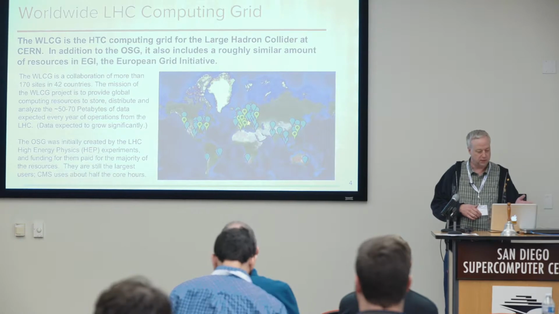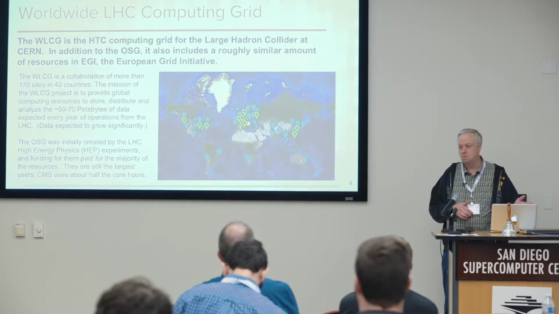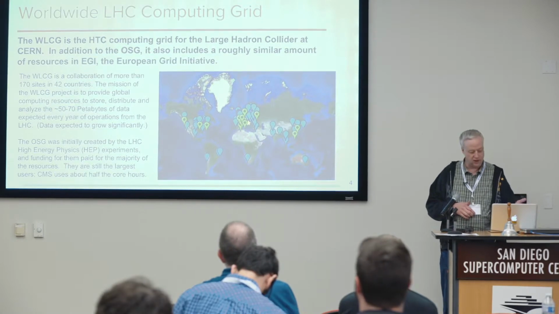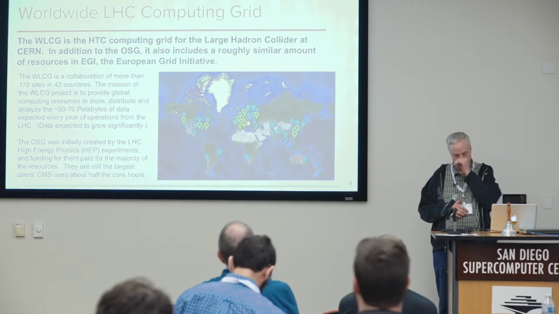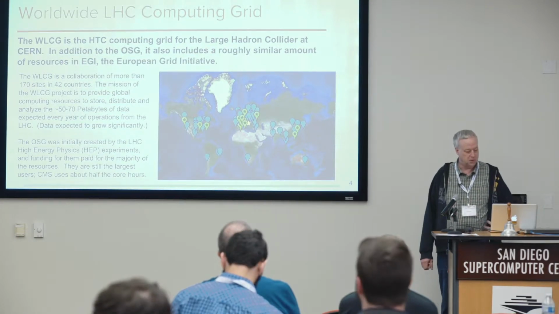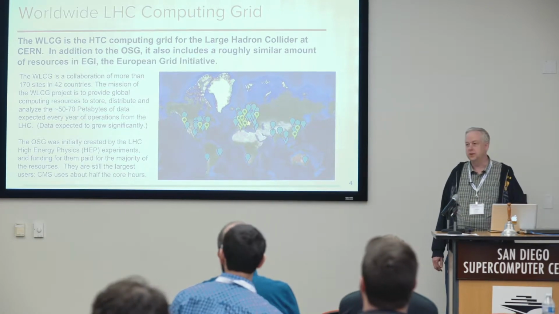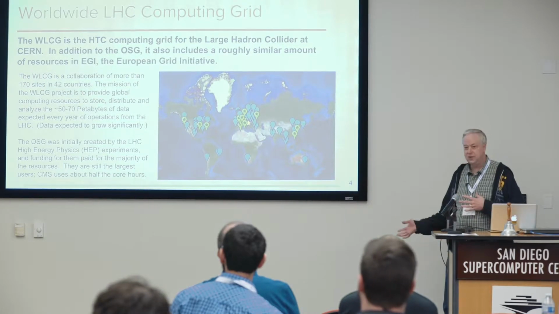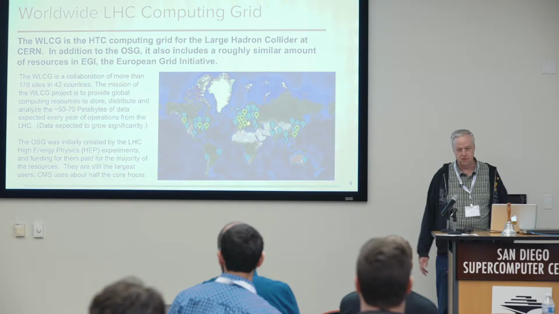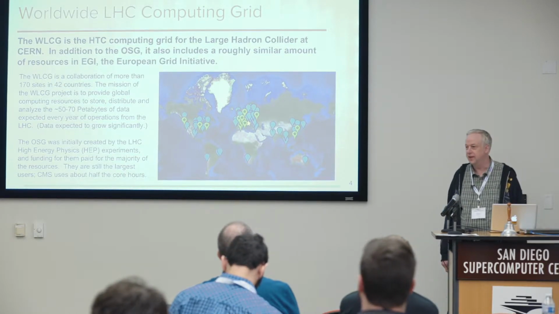They have 170 sites, so maybe it's a little less than what we have in the US. That includes the OSG, maybe not all of it, but most of it. And they are in 42 countries. So 41 countries have about the same as what the US has. We have a lot of money in this country.